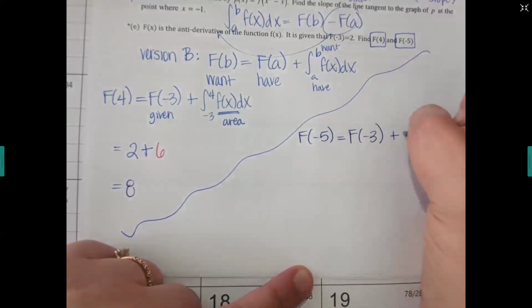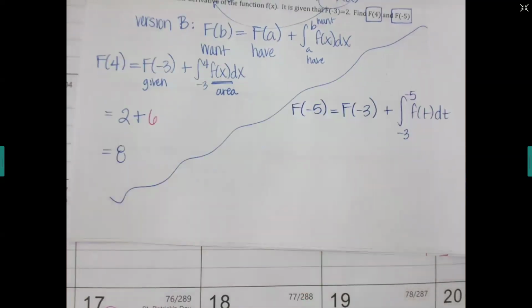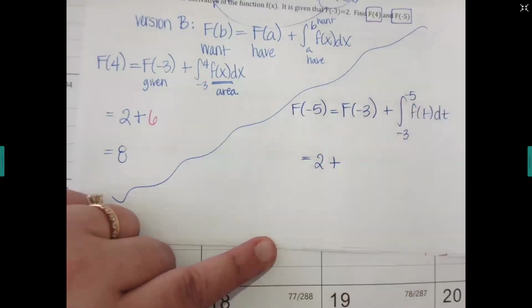And then I'm going to integrate from -3 to -5. Okay, so this is what I want. This is what I already have. And then I'm integrating between them. Okay, what is F of -3? Same as last time. 2 plus.